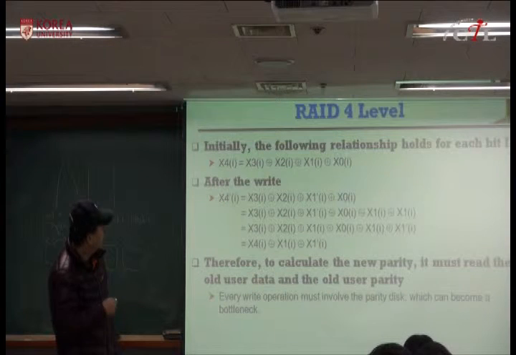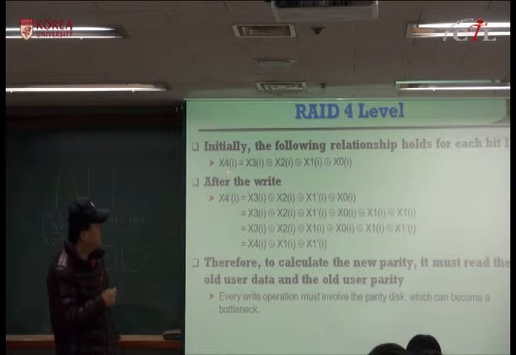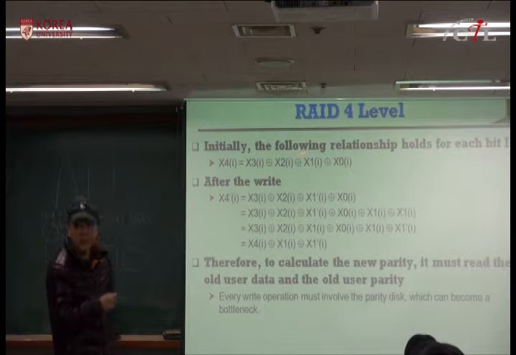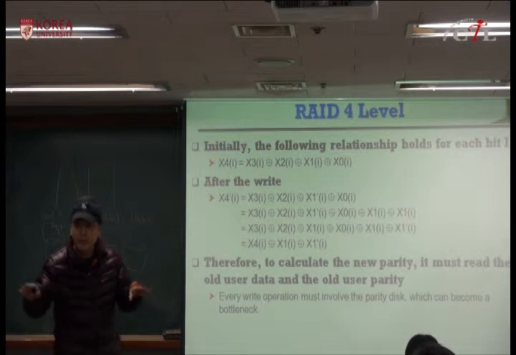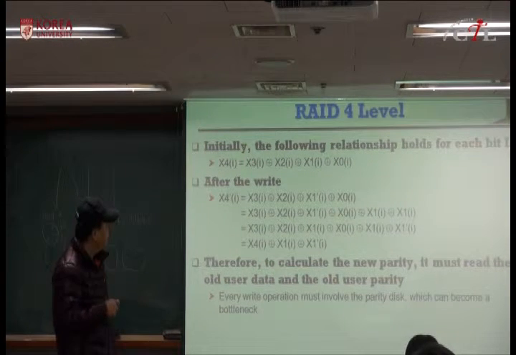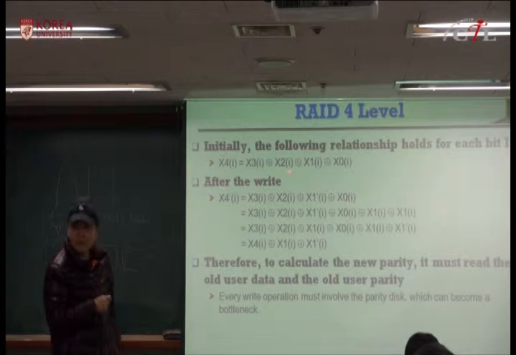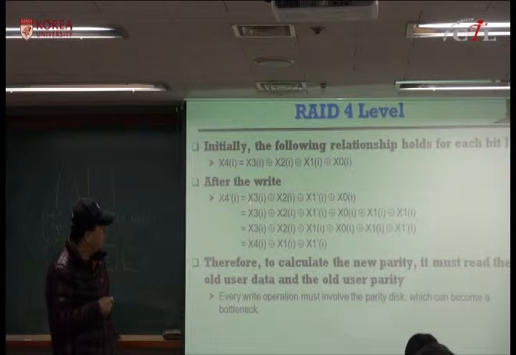Okay, so X4, this parity, should be the exclusive OR of the other bits distributed in each disk. And X4 of I, the new parity, should be calculated using these, which are not changed, but you update only disk X1. Right, this is the new data. So you have to compute this one.